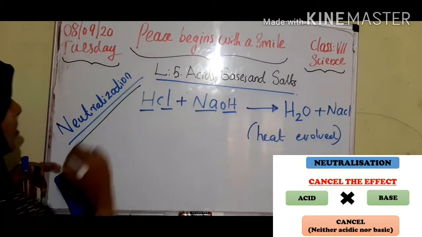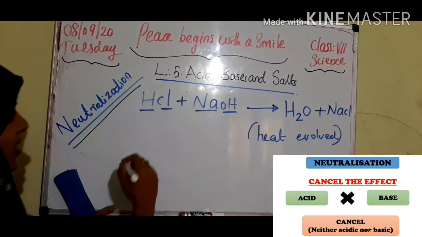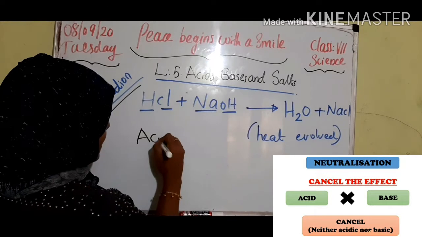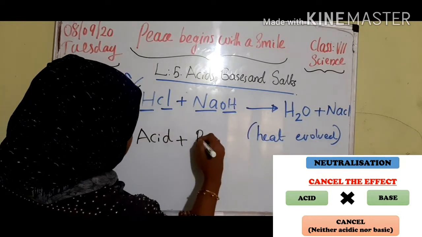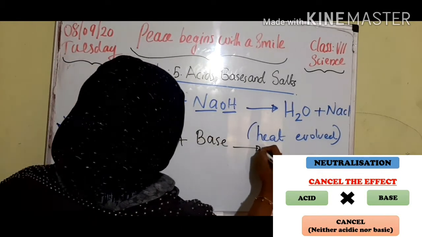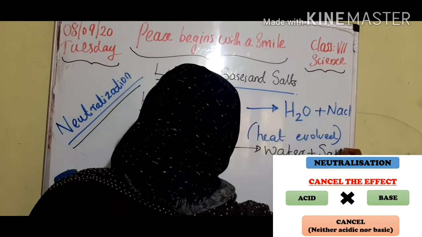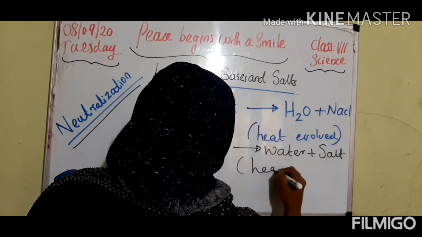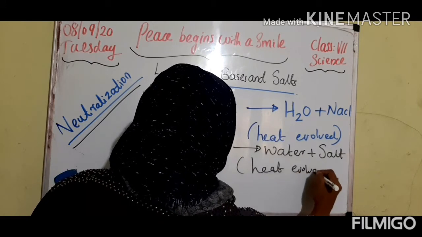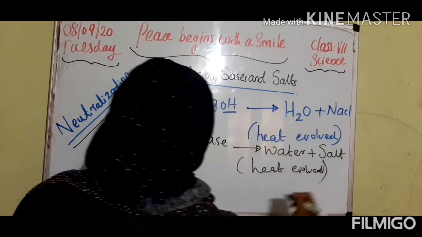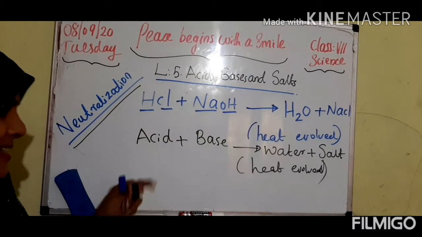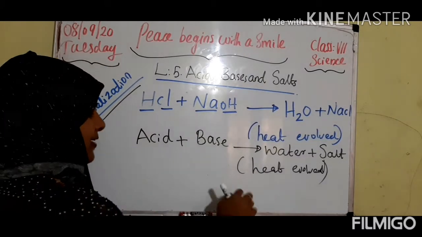That is, when acid is mixing with base, we will get water and salt. Heat also evolved in this reaction. So this reaction we call what, children? Neutralization.